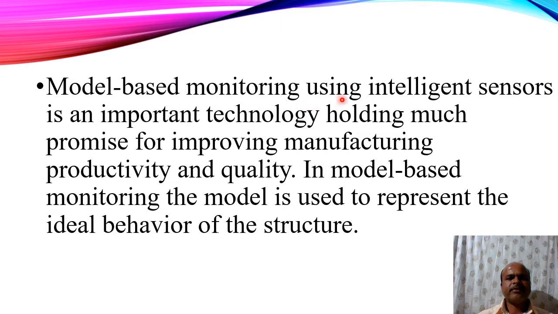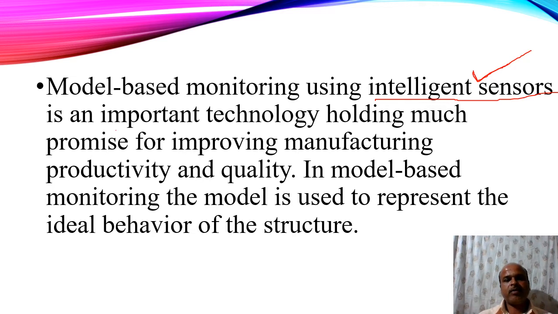Model-based monitoring using intelligent sensors is an important technology holding much promise for improving manufacturing productivity and quality. So intelligent sensors play a very important role. They provide the correct information. Either we can use manual, but intelligent sensors provide the correct information.